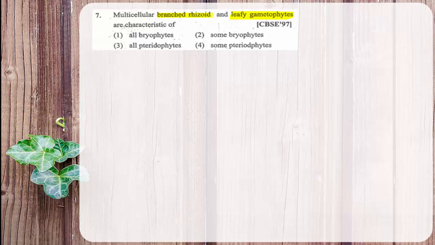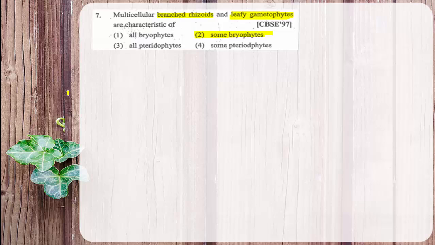It is the character of the leafy gametophyte, and branched rhizoids are found only in some bryophytes, because only mosses show this character. In liverworts, the gametophyte is flattened and is completely a thallus, without root, stem and leaf.